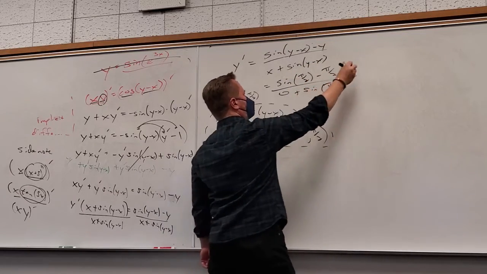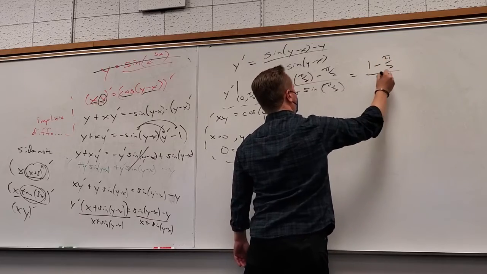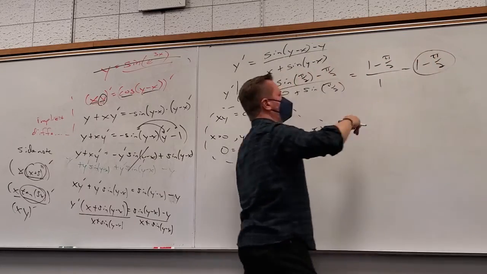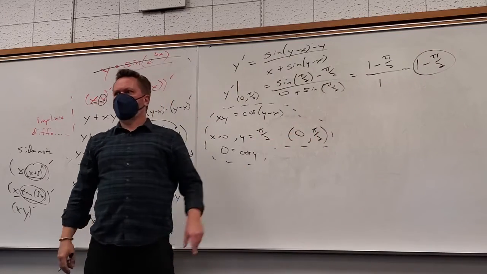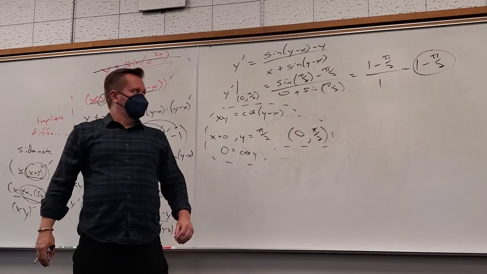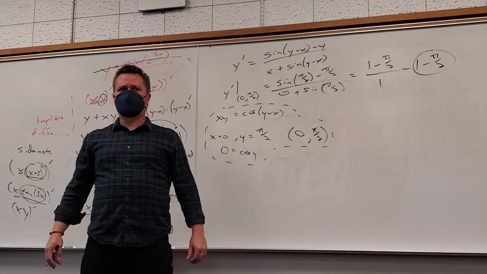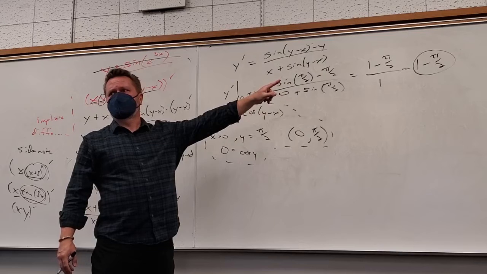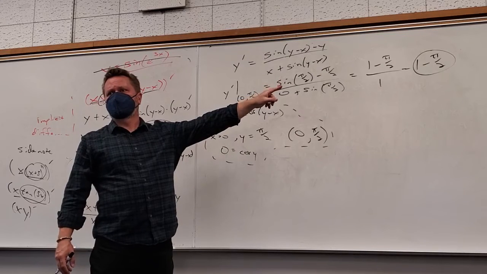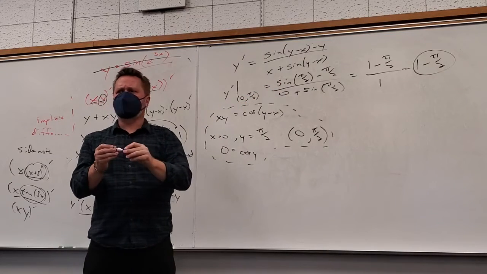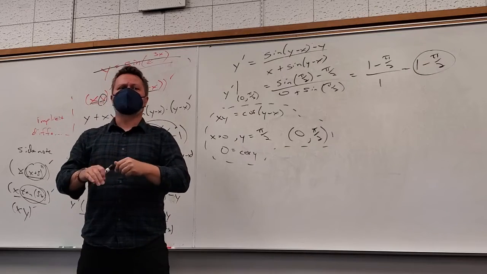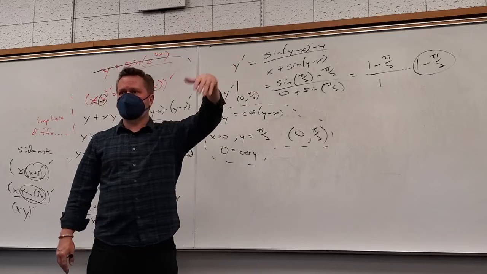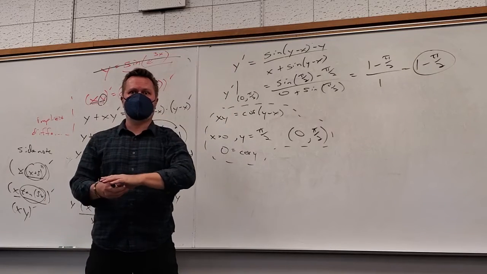So you get 1 minus pi over 2, over 1. That's the slope at 0 comma pi over 2. Is it positive or negative? What's pi roughly? 3.14. So half of it is a little more than 1.5. So 1 minus 1.5 something is negative. Yes, so that slope is negative.